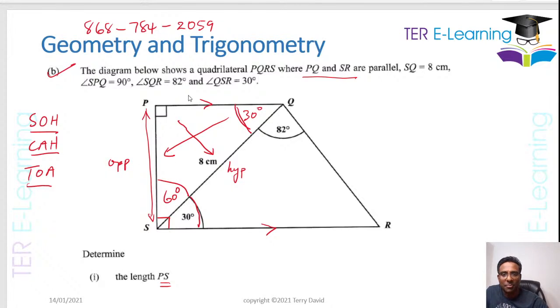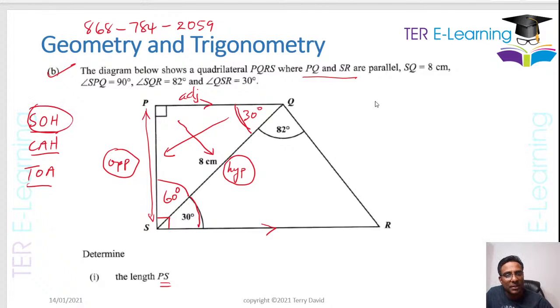So if that's my opposite, this length here is my adjacent. I know what my angle is, I know what my hypotenuse is, and I have opposite. So if I have opposite and hypotenuse, then I should use sine.